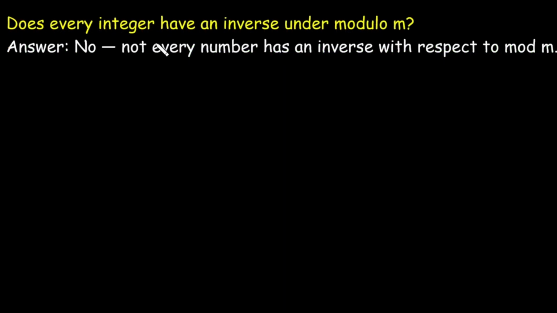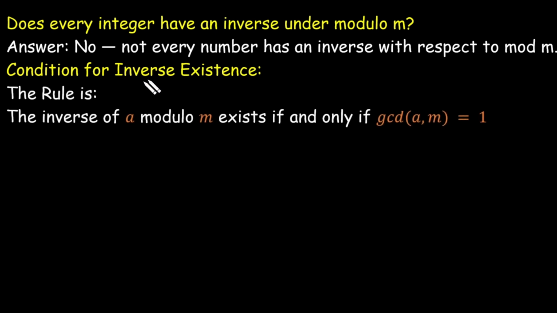As we said, the inverse of every integer under modulo m does not always exist. It means there exists a condition for the inverse's existence. The rule is, the first thing we need to check, if we are finding the inverse of a with mod m, is that it only exists if the GCD of these two numbers is equal to 1.